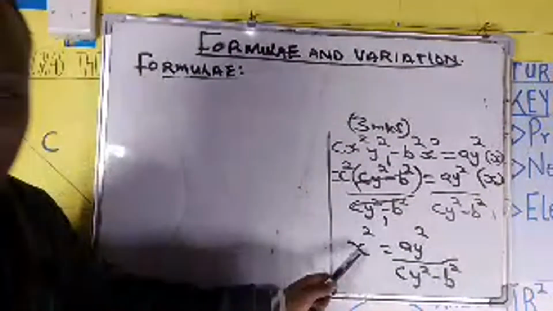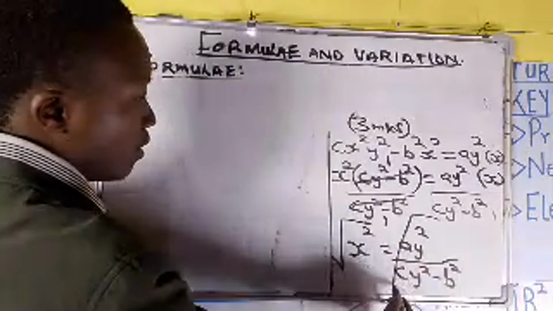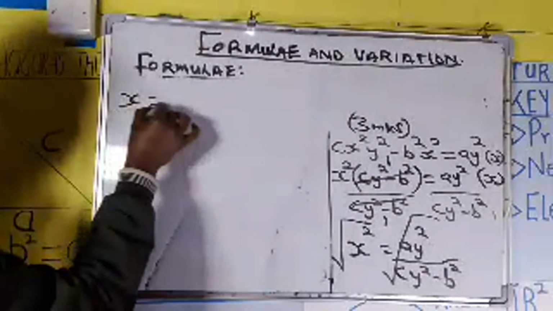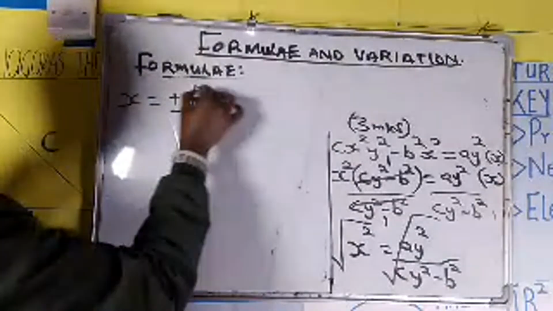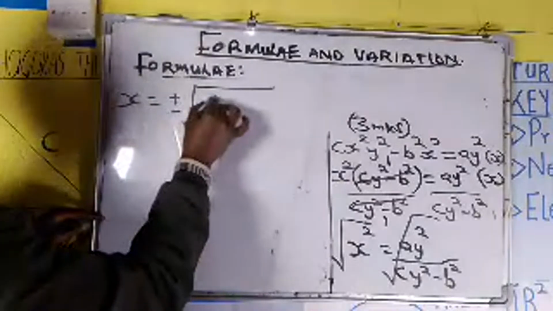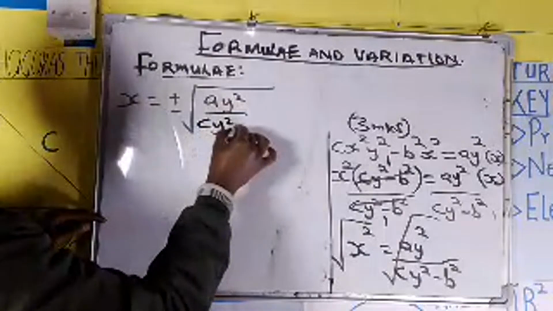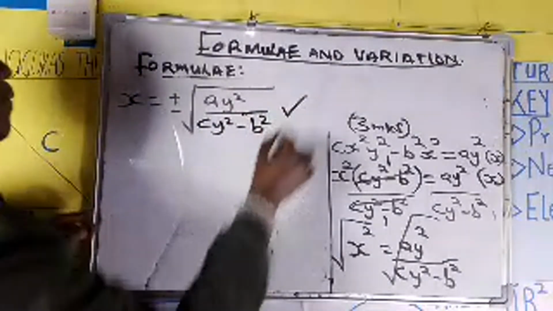So because we want to be left with x alone, tutatafuta square root on both sides, na tutabaki na x is equals to plus or minus, tukitafuta square root tunapatanga plus or minus, the square root of ay squared over cy squared minus b squared.